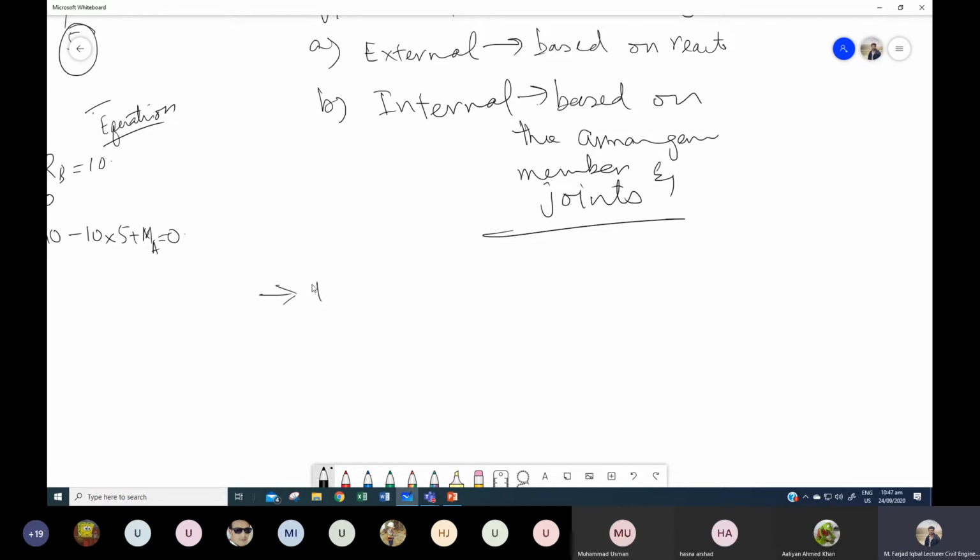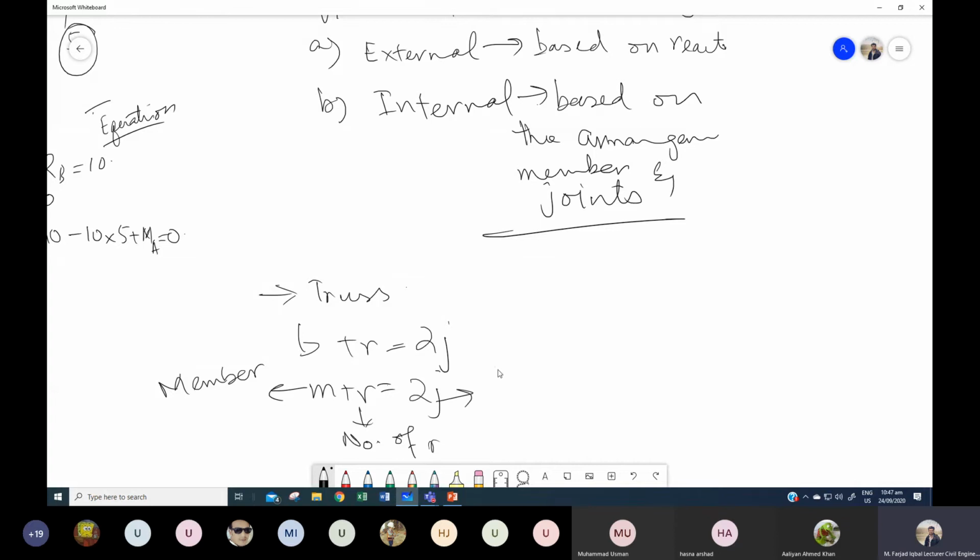For example, for the case of truss, we studied this one: B plus R is equal to 2J, or I can write it as M plus R is equal to 2J. M is the number of members of the truss, R is the number of reactions, and J is the number of nodes or joints, right? So by using this formula, we can figure out the internal determinacy of trusses.